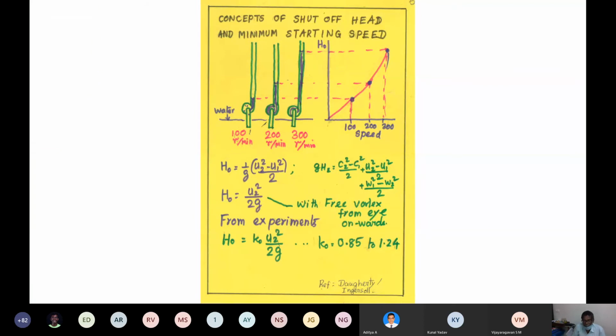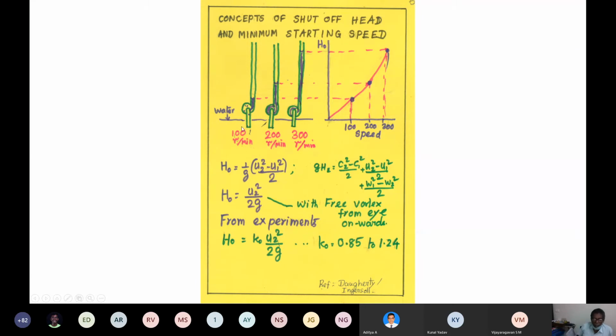Okay, now another interesting idea, the shut-off head or the minimum starting speed. If you have a centrifugal pump sucking water from some sump, the water level is indicated, and a very long delivery pipe is indicated.